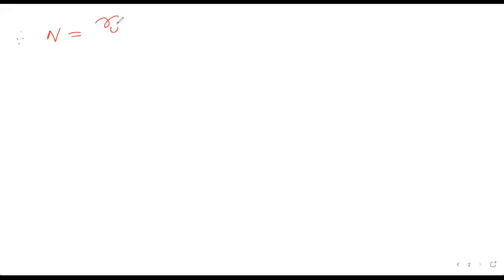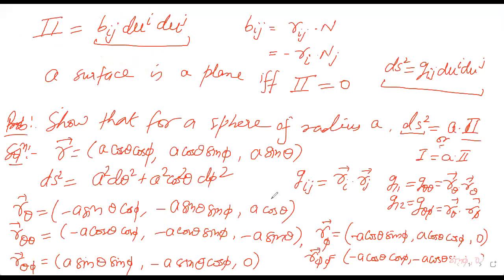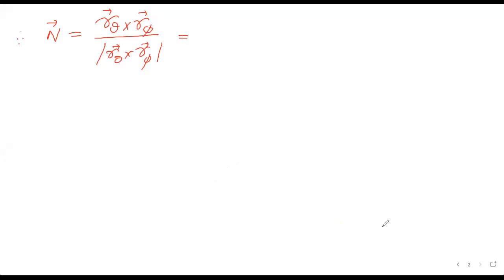It was r theta cross r phi upon mod. This is the normal vector, r1 cross r2 upon mod of r1 cross r2. If we want to write r theta cross r phi, this is r theta cross r phi, so it will be a vector product. So you can write by using the determinant. So how much will be coming?